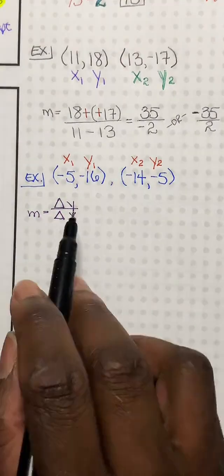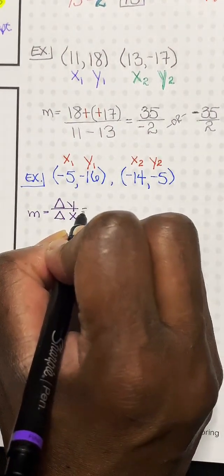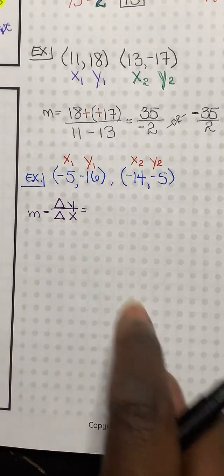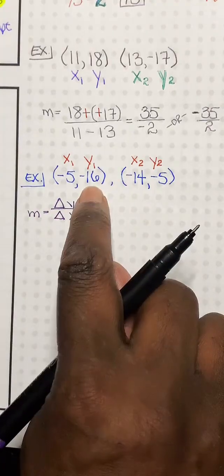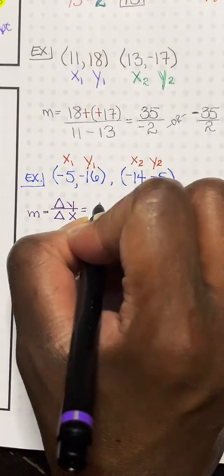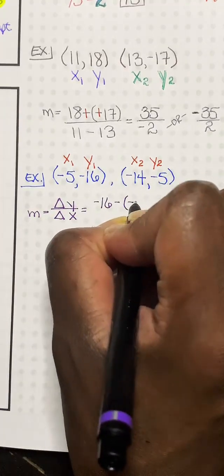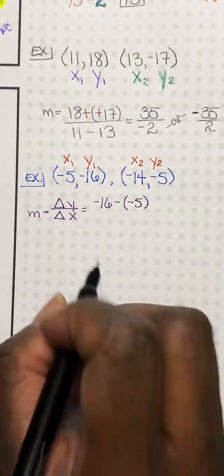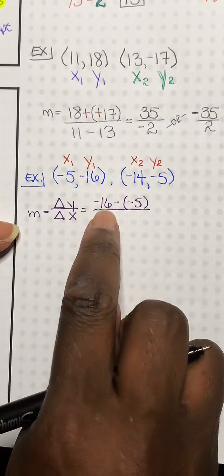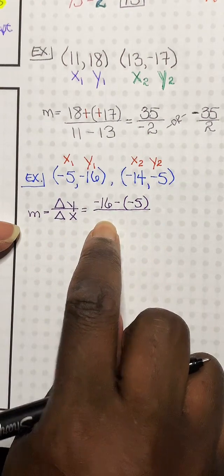Okay? So we're taking the difference of your y's. It doesn't matter which one, but whatever pattern you start with, stick with it till the end. So if you want to go negative 16 minus negative 5, you can do that. So I got negative 16 minus negative 5. Then for my x's, if I started here for my first, that means I have to start here for my first for the x's.